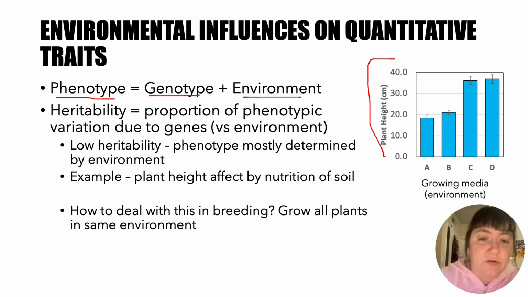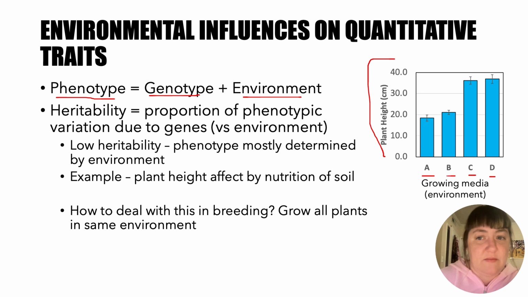And when we grew, this graph I think is corn, when we grew the corn in the different growing media, that significantly affected the plant height. So all of the corn that we grew, there weren't any big genetic differences, right, in the corn seeds. But you did see really big differences in the phenotype, and that's because some of these growing media had more nutrients than the others, right?